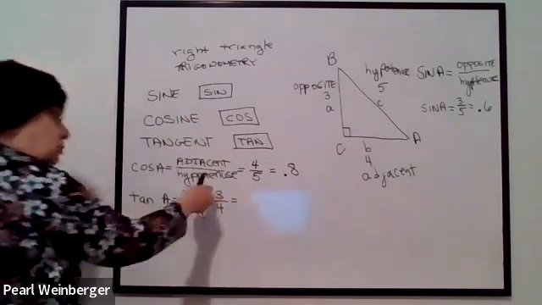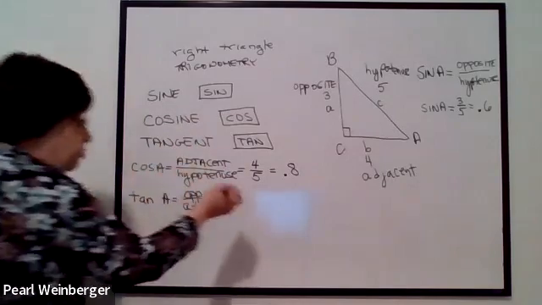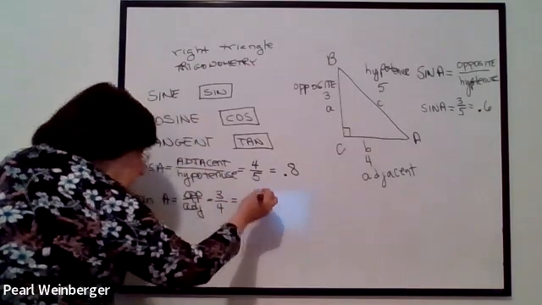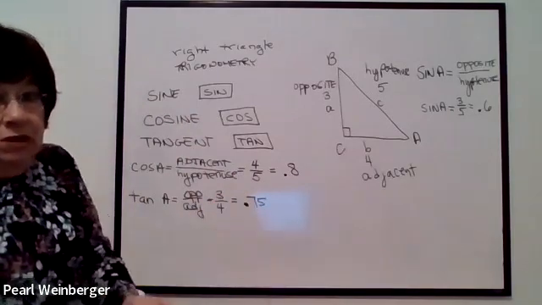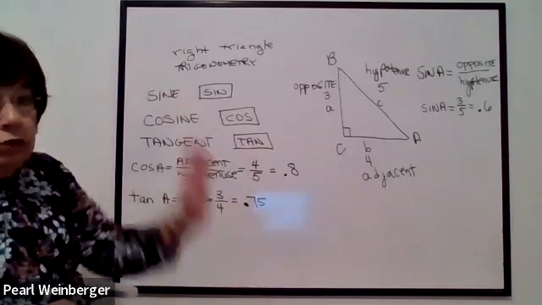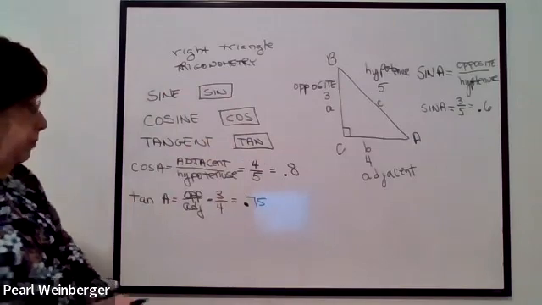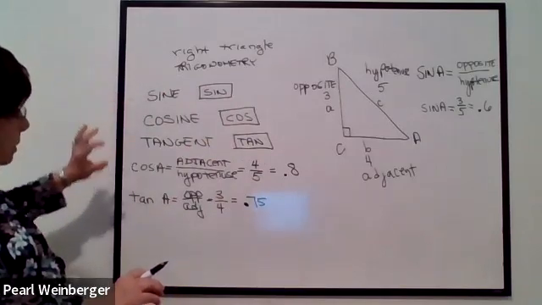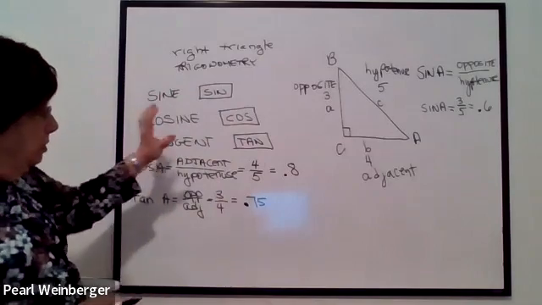And 3 divided by 4 will give you 0.75. Most of the time, these decimals become very long decimals and we round off. But in this case, these decimals turned out to be very nice, easy numbers to work with. These are the primary trigonometric functions of the triangle.